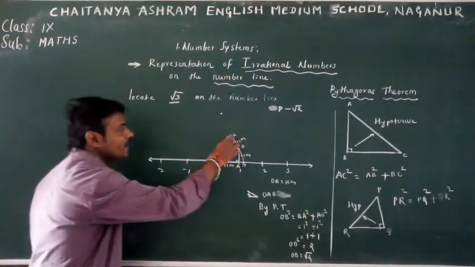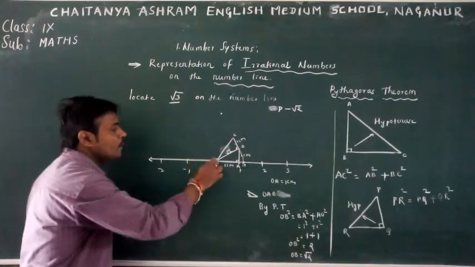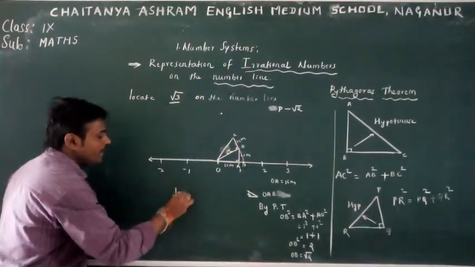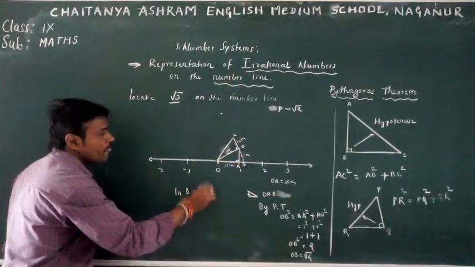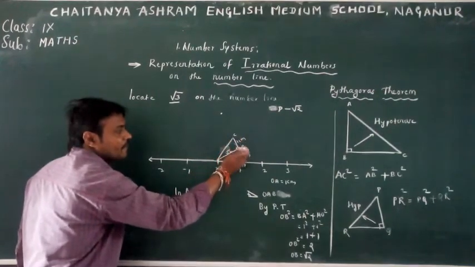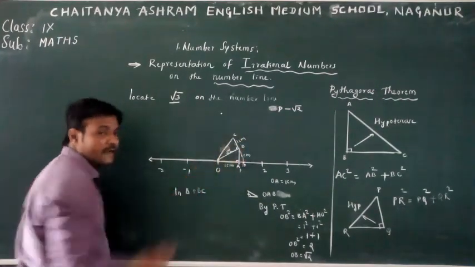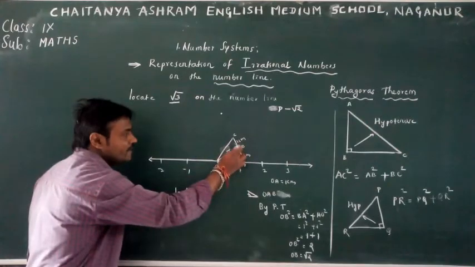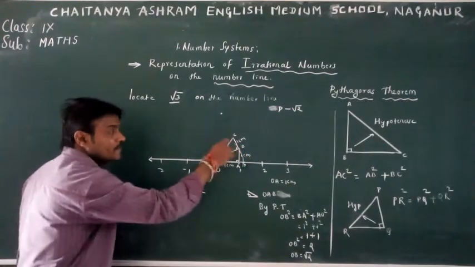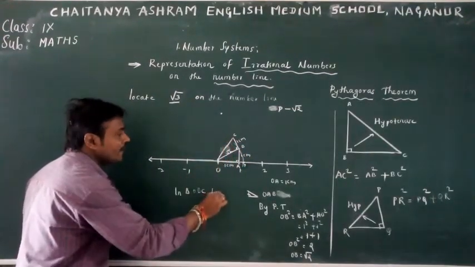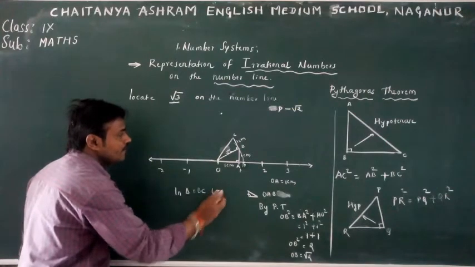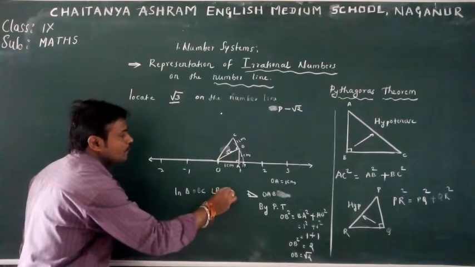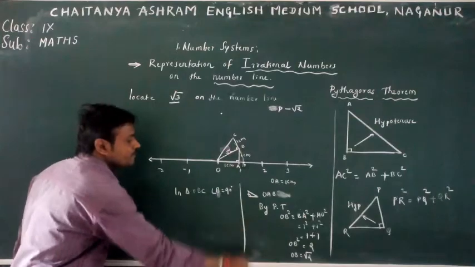Consider the triangle OBC. In triangle OBC, this is perpendicular to this, so the angle here is 90 degrees. Which type of triangle is it? A right angle triangle. Angle B is equal to 90 degrees in this triangle.